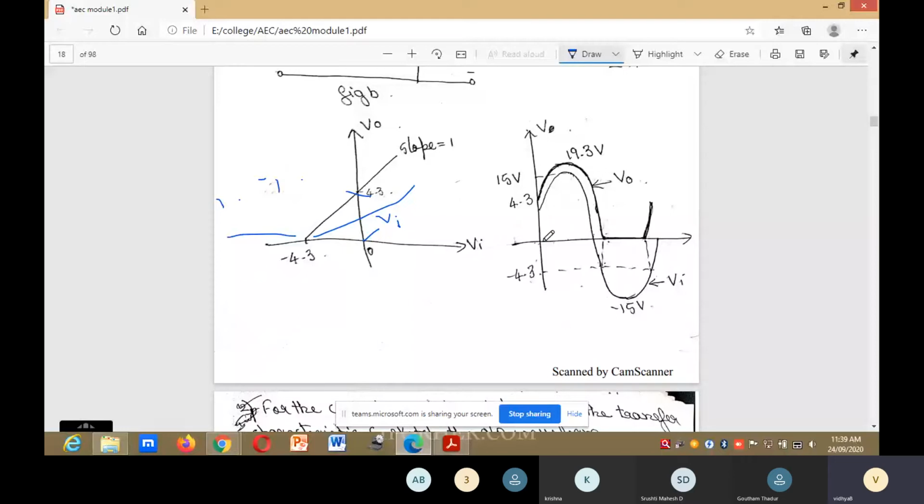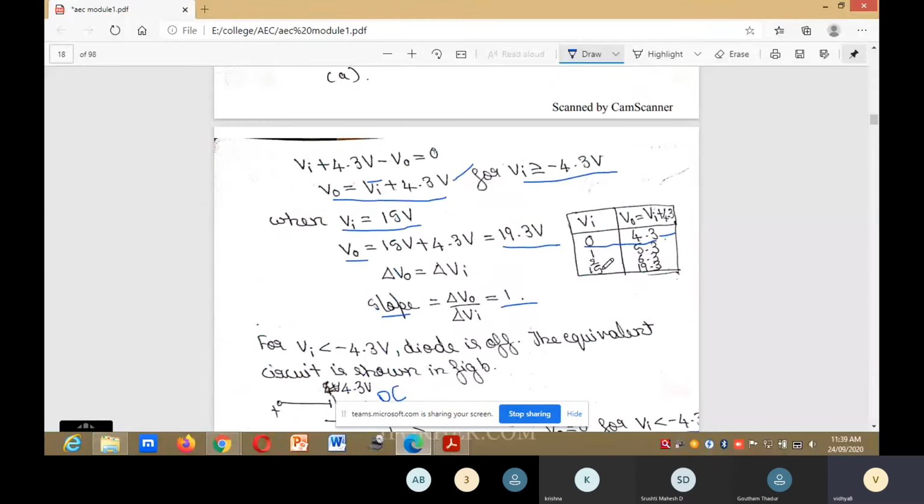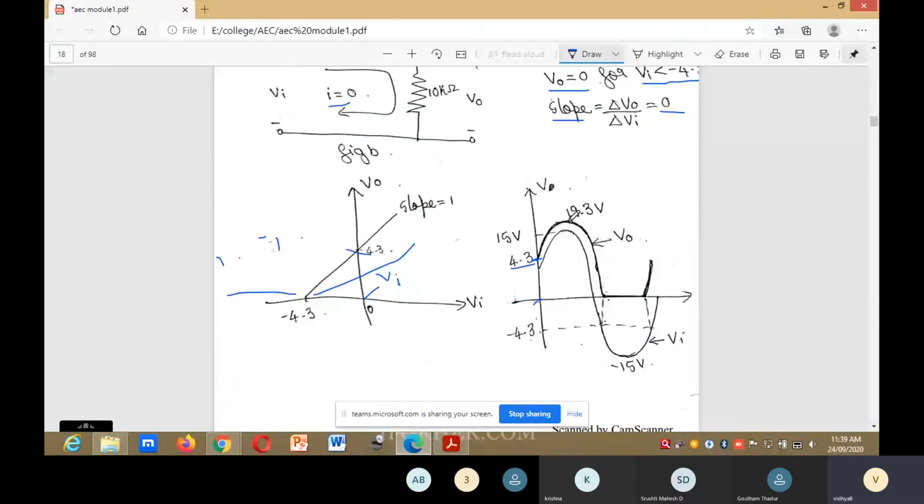When Vi is equal to 0, what do we get as output? Output is equal to 4.3. When Vi is equal to 15, what do we get as output? 19.3.